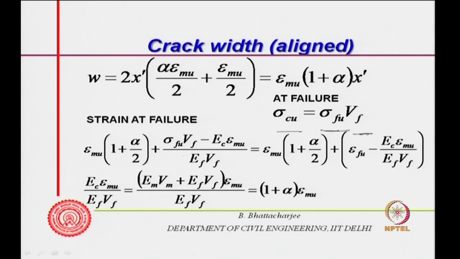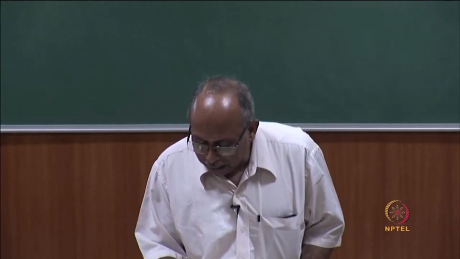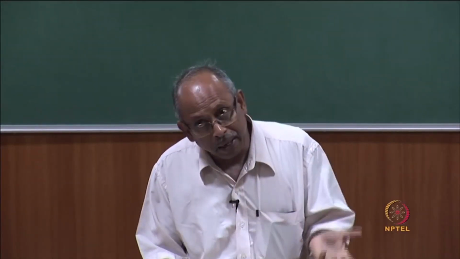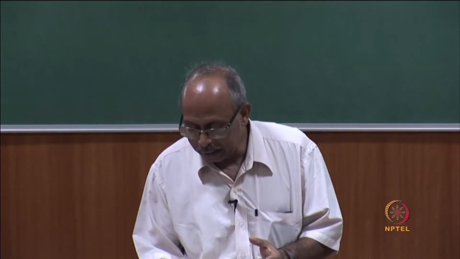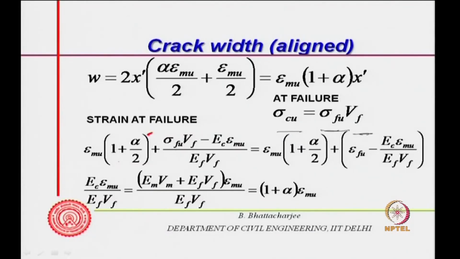That is what we are saying: epsilon mu 1 plus alpha by 2, that is at the matrix failure, plus sigma Fu Vf, that is the final stress, minus Ec epsilon mu, that is the stress beyond this point up to failure, divided by Ef Vf. So, that is the additional strain.